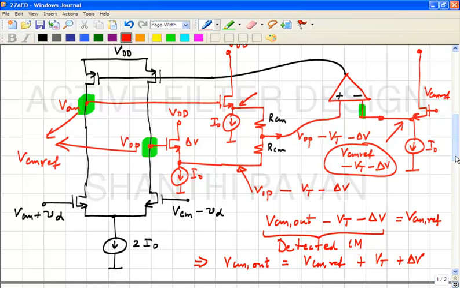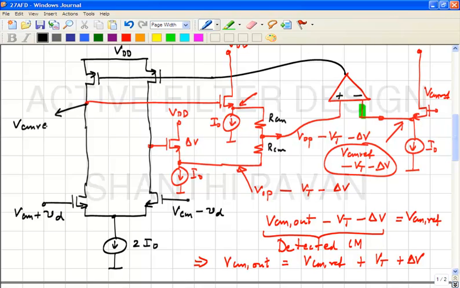In other words, when this goes up by, so now the way we have done it under zero input differential conditions, the voltage here will be how much? When Vd is 0, what is the quiescent voltage at that node? VCM ref. What about this guy? Also VCM ref. In response to some differential input voltage, let us say this goes up by V1, what will happen to the other arm? Should go down by V1.